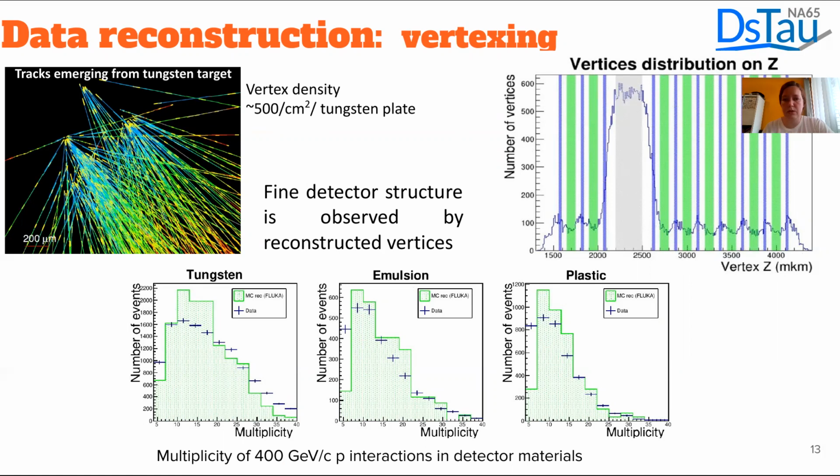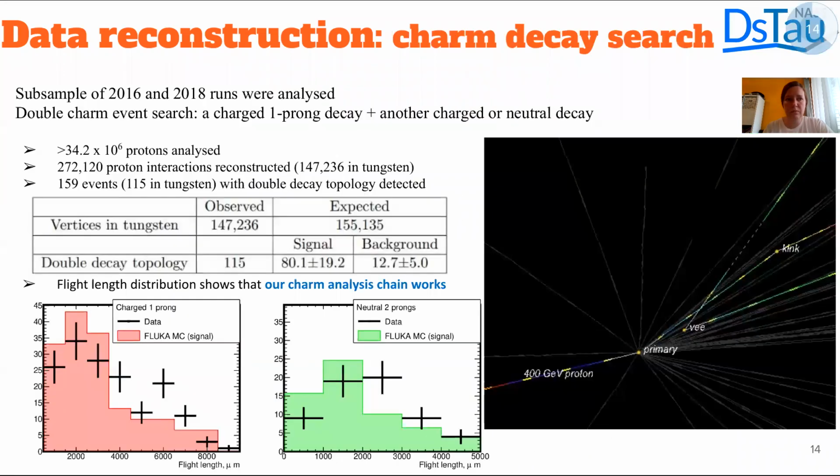Here, for example, you can see a comparison of primary vertex charged particle multiplicities with Fluka. So we analyzed a subsample and selected double charm events. The number of found vertices and selected double decay topologies in the data is in agreement with the expected numbers.